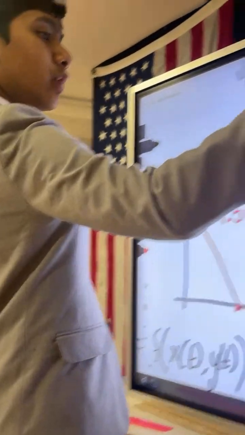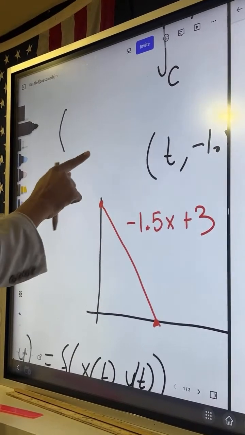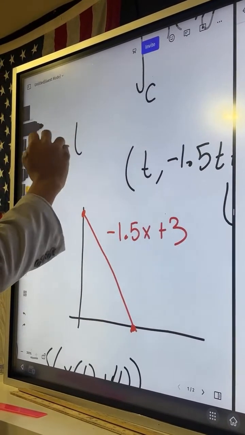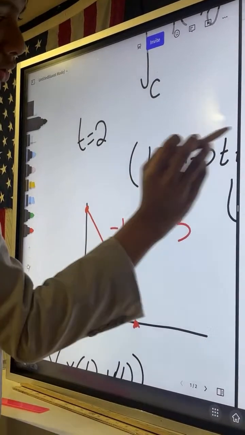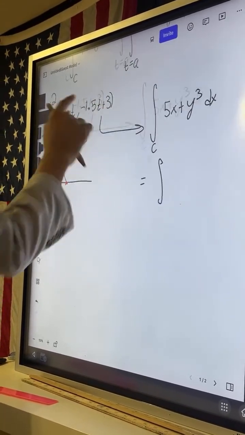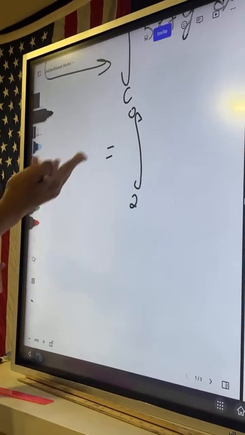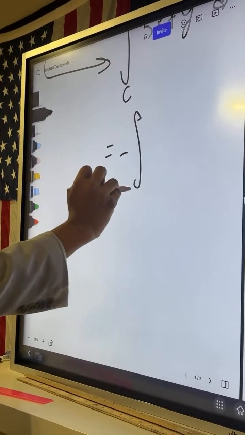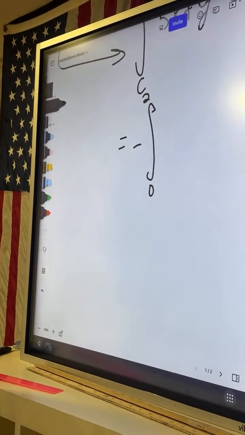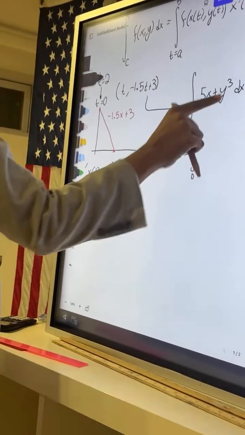Well, the point (2, 0) is t equal to 2, and the point (0, 3) is t equal to 0, which means we're integrating backwards, which is just equal to the negative of integrating normally. So now we just plug in what we have here.